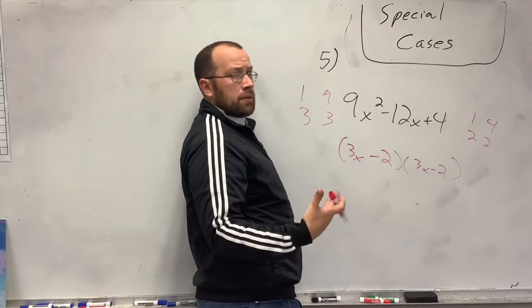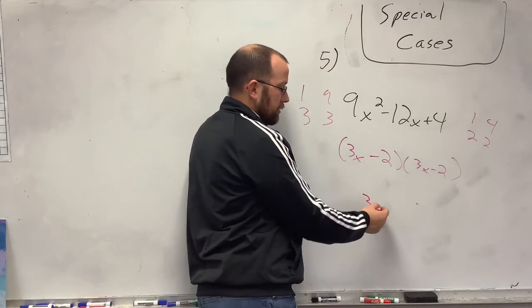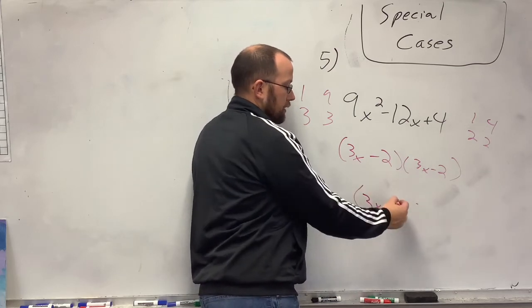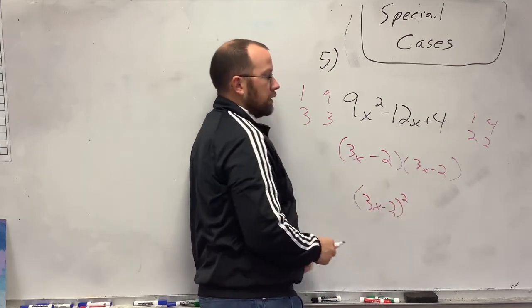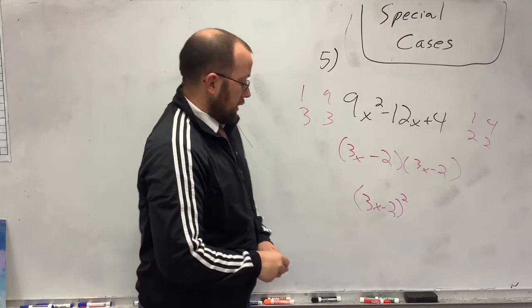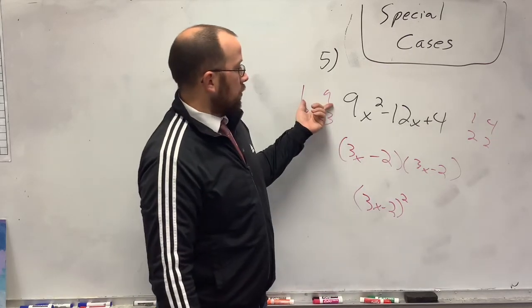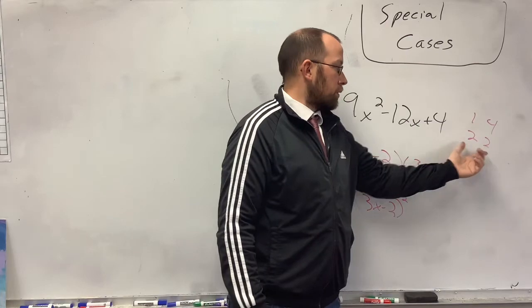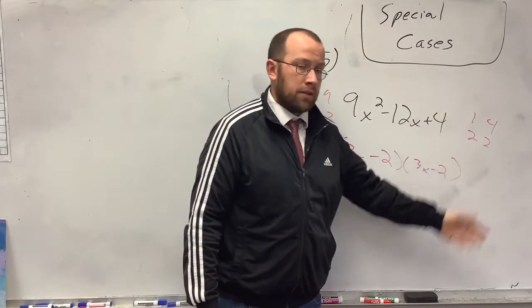And there you go. What this wants to show you is that the other way to write this is 3x minus 2 squared. If you didn't know, you would go through 1 times 9, 1 times 4, 2 times 2, then 3 times 3, and do the whole process out.